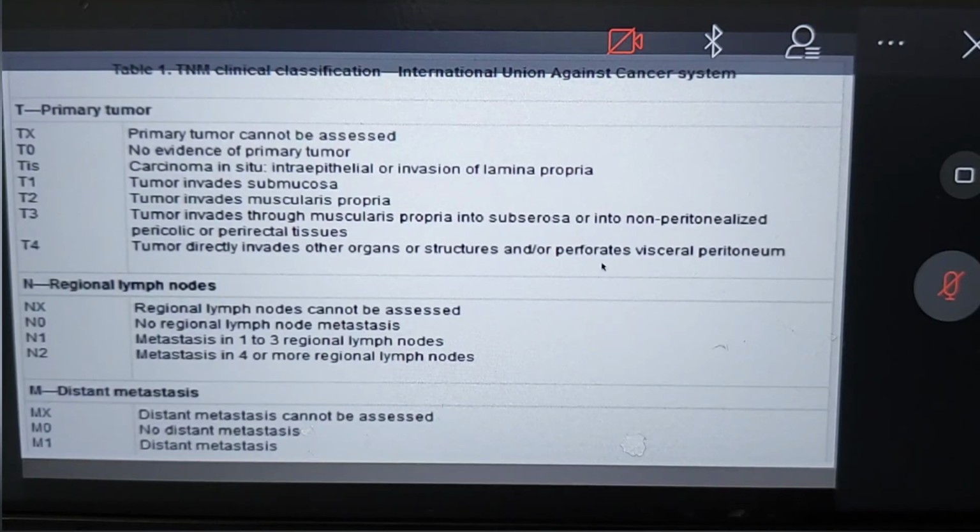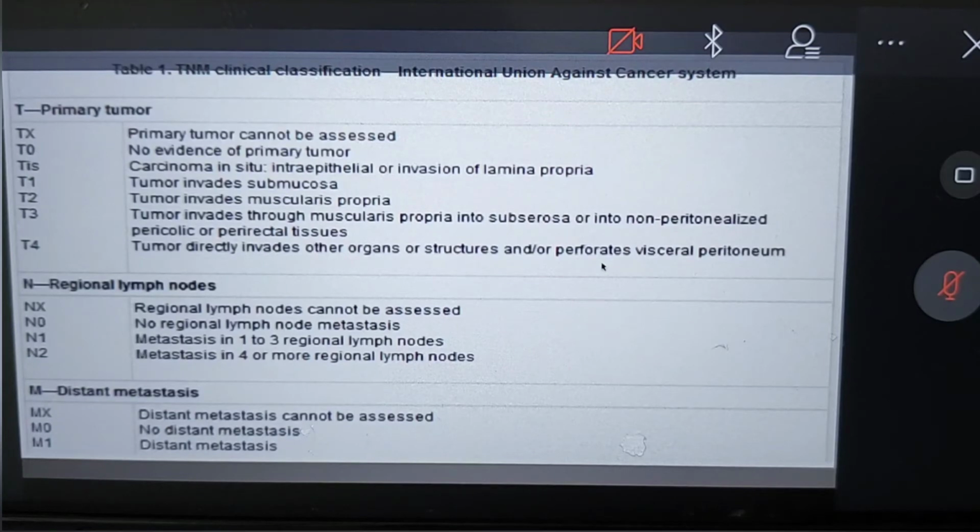T2, the tumor invades the muscularis propria. T3, tumor invades through the muscularis propria into the subserosa or into the non-peritonealized pericolic and perirectal tissue. And T4, the tumor directly invades other organs or structures.